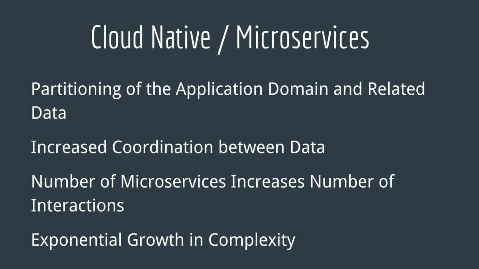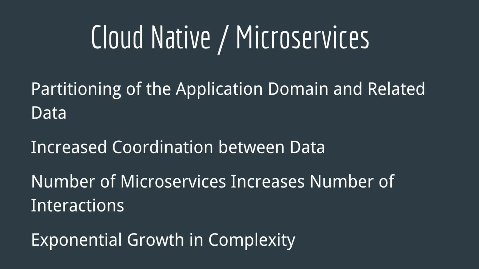So this gets even worse with the rise of cloud-native microservices. With a monolithic architecture, it's pretty easy to deal with event sourcing and guaranteeing the ordering of events. When I get into cloud-native microservices types of architectures, things really increase in complexity. So one of the things is the partition of the application domain and the related data.